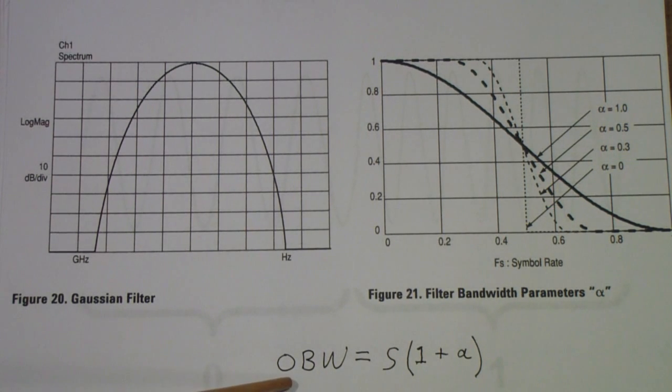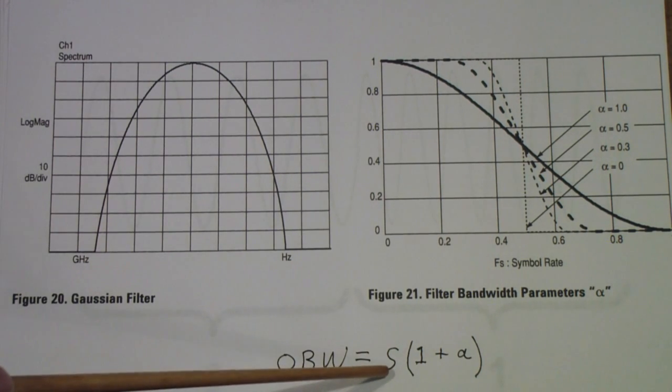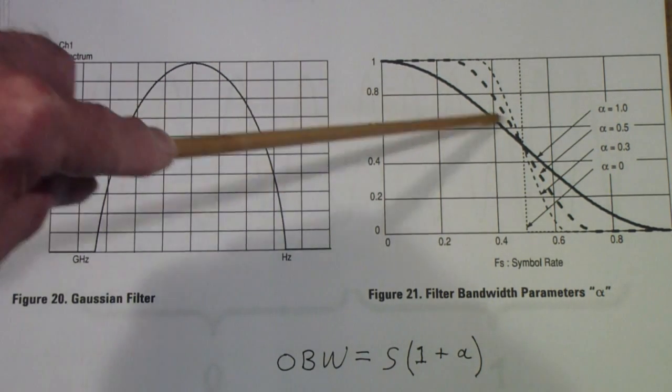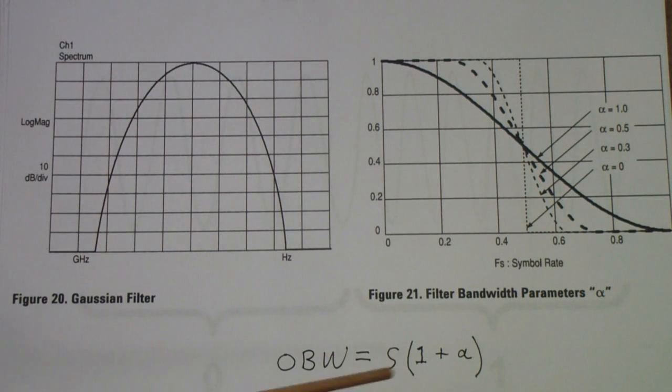And that's why, for example, you see that your IF bandwidth when you're doing digital demodulation is twice the symbol rate, because it assumes this Gaussian shape. If, however, you have a Nyquist filter, say a raised cosine filter, then alpha is less than 1 and the occupied bandwidth goes down.